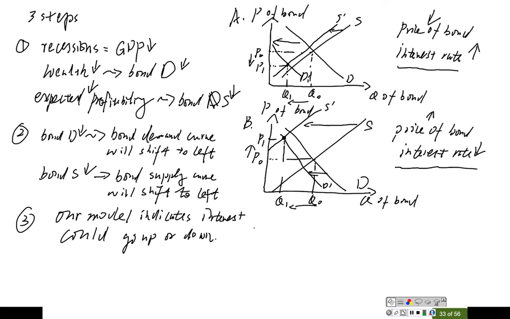Right? Using A and B, we can see. But what happened in the real world? Everyone please keep in mind, because the theory says there are two possible outcomes, we have to relate to the empirical evidence.